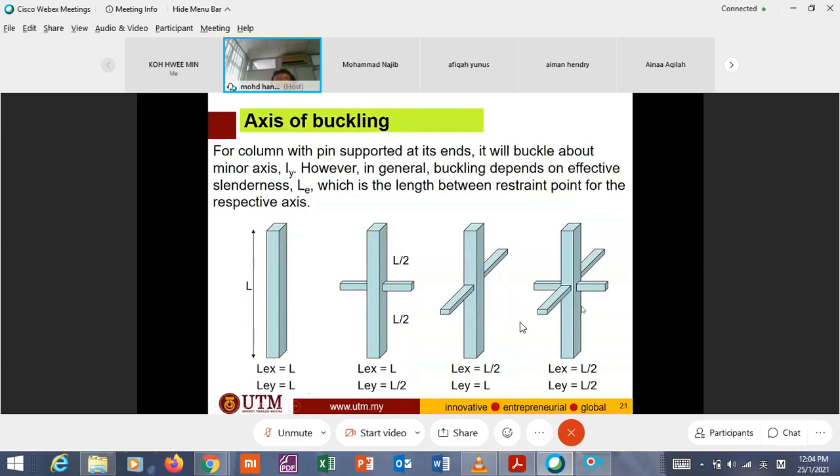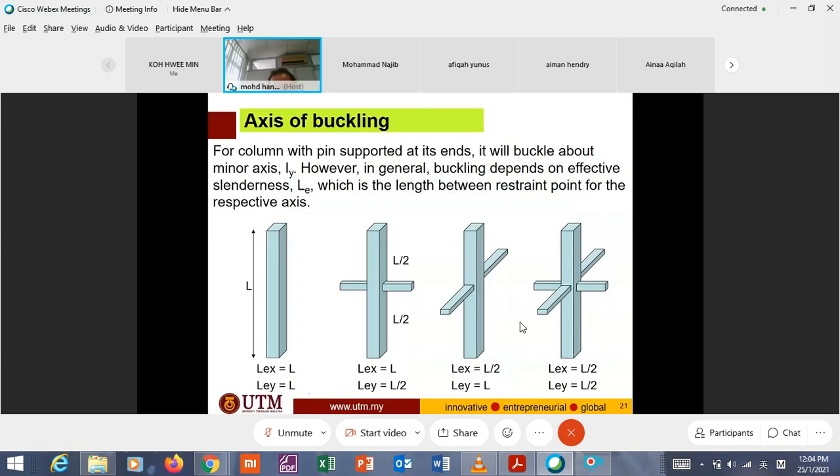And another case here: the column is restrained at mid height from all directions. Therefore, the effective length is equal to 0.55 L in both directions X and Y, and therefore it will become much stronger in both directions.